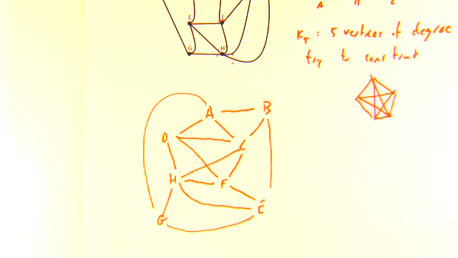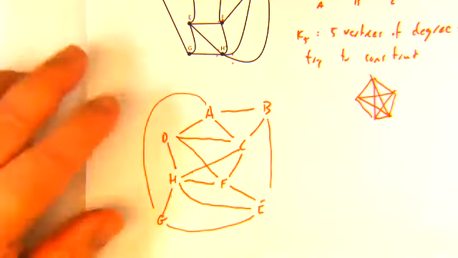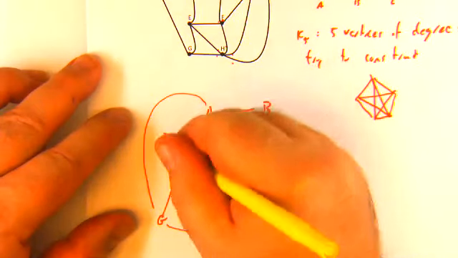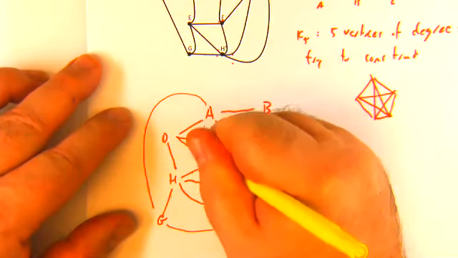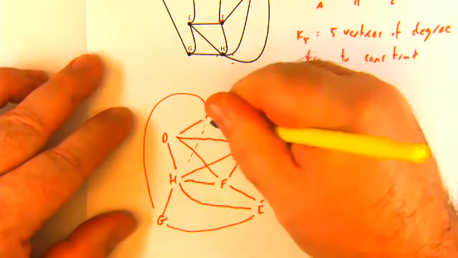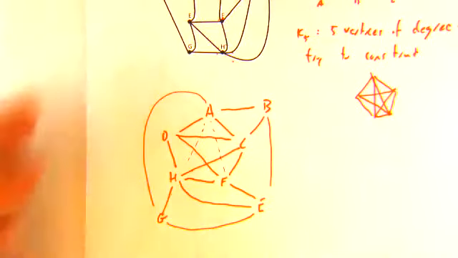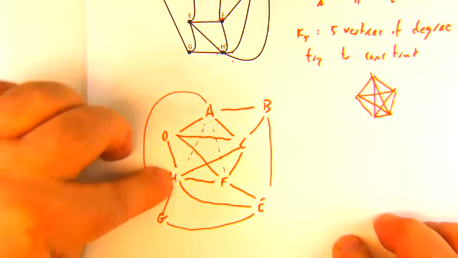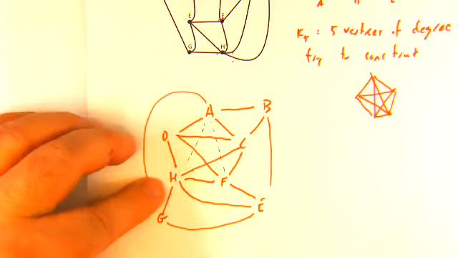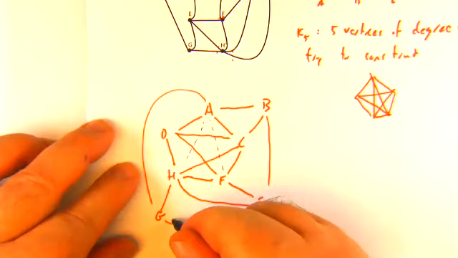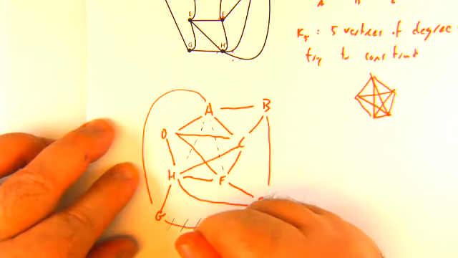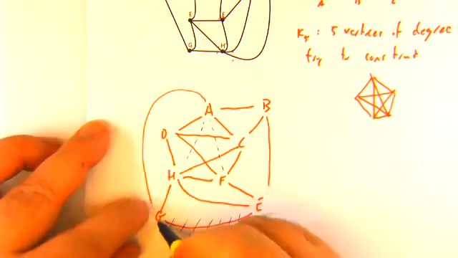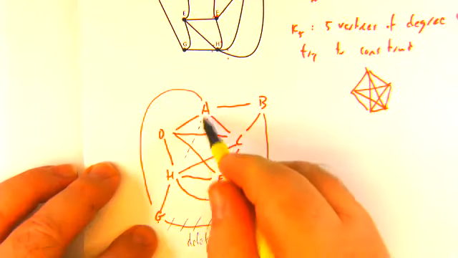Great. So we almost have what we want. We've got the outside. We're missing this, and I'm missing this, right? Those are the two things that I need to get K5. So how can I do that? Well, I need a connection from A to H, but if I delete this, that means now G is AGH.